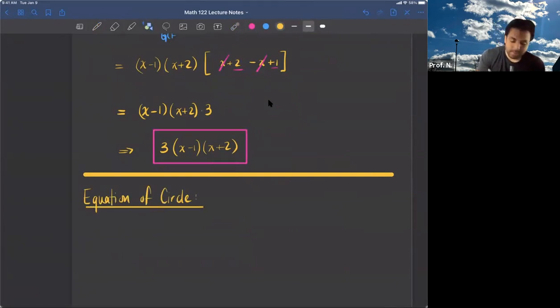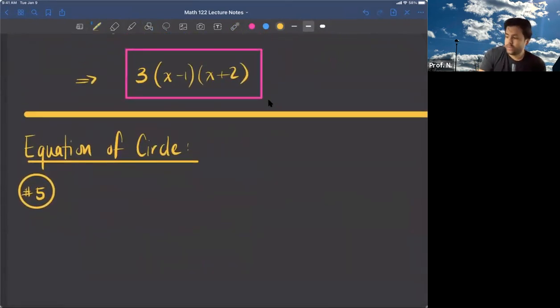So number 5. So the center that we're given is -1, 4, and the radius is equal to 2 rad 2.